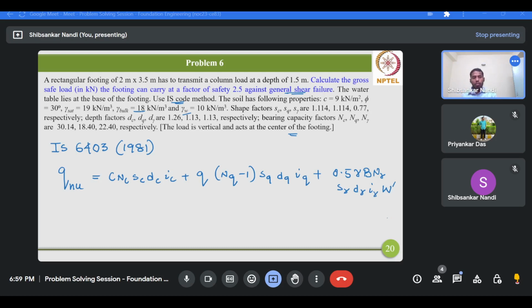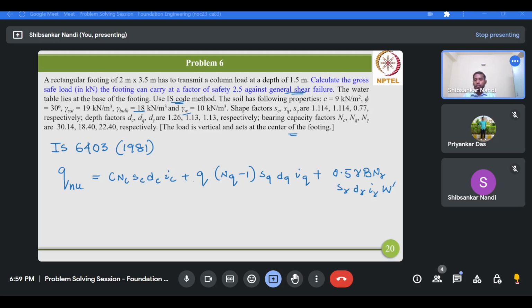So this W prime, I think you are familiar with all these terms: Nc, Nq, N gamma. These are nothing but the bearing capacity factors and are directly given to you. Sc, Sq, S gamma are the shape factors. Dc, Dq, D gamma are the depth factors, and Ic, Iq, I gamma are the inclination factors.